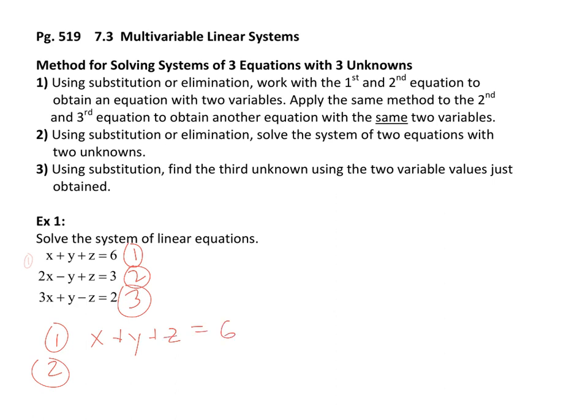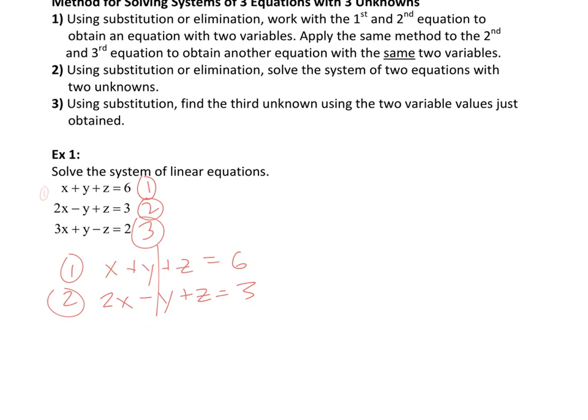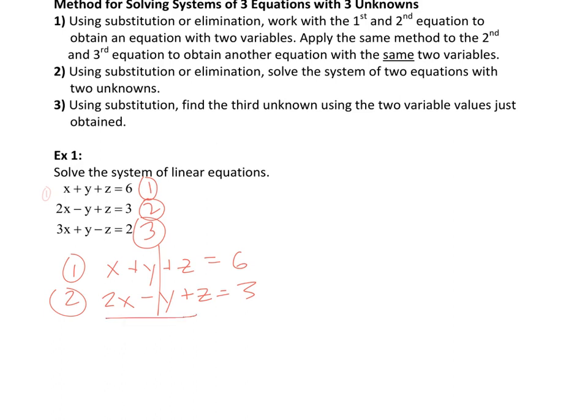I'm going to put a horizontal line through the z so you don't confuse it with the 2. Okay, now the y's cancel out. Add these up, and I get 3x plus 2z is equal to 9.